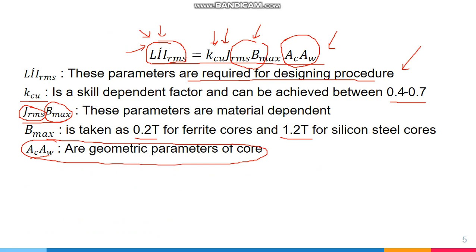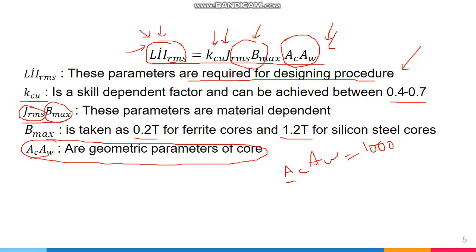Using this equation you will get the value of AC AW. So for example, if we get some value AC AW is equal to 1000, and you have no means by which you can calculate the AC and AW independently.